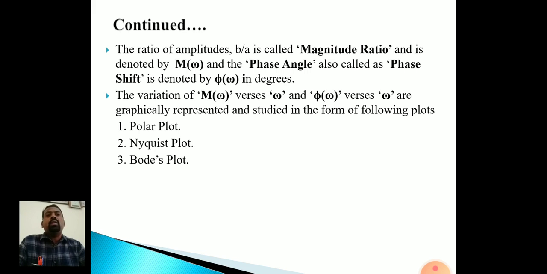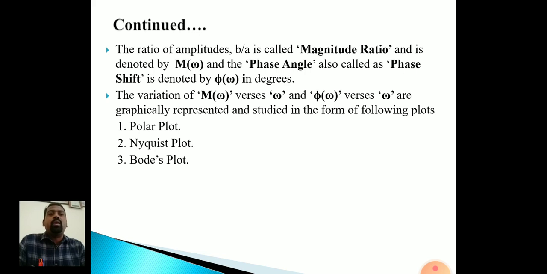The ratio of amplitudes, that is the amplitude of the output sinusoidal wave to the amplitude of the input sinusoidal wave, B by A, is called the magnitude ratio and is denoted by M omega.